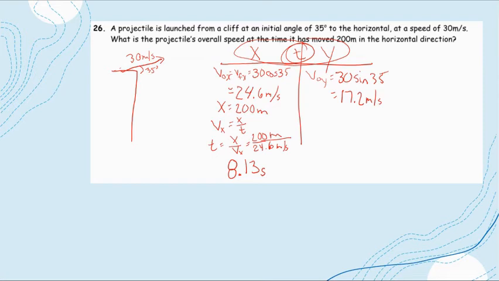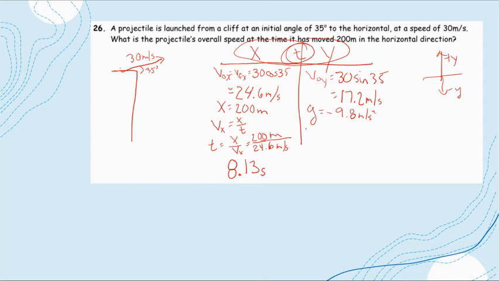And what we're really trying to figure out is the overall speed. I know that my gravity is, let's see, I've set my up as positive, and therefore my down is negative. So I have negative 9.8 meters per second squared.